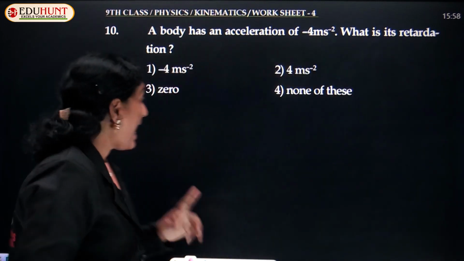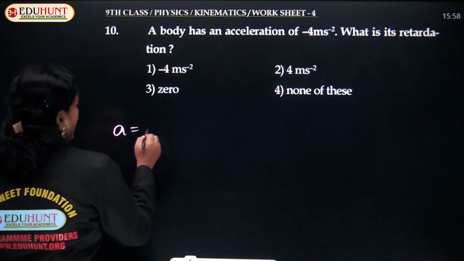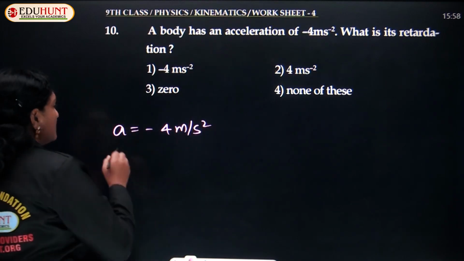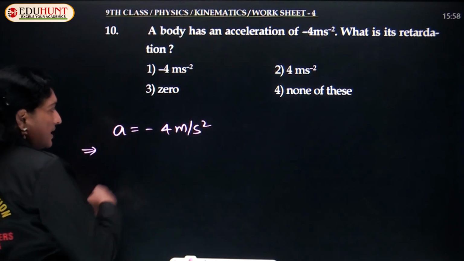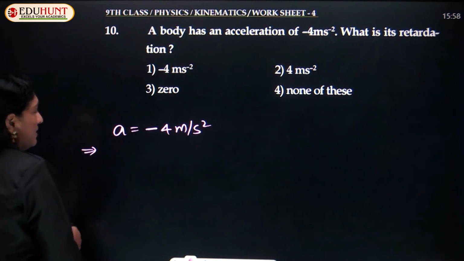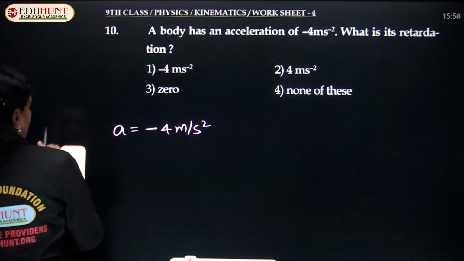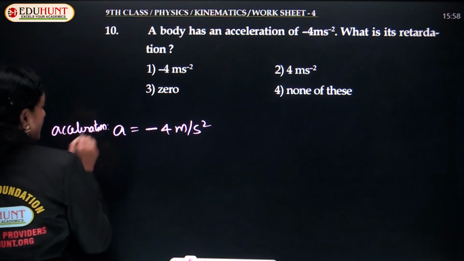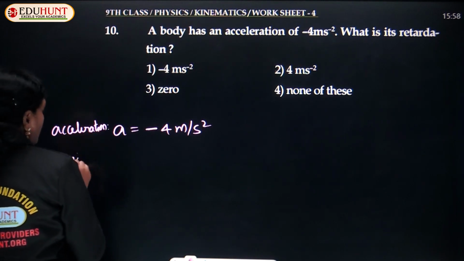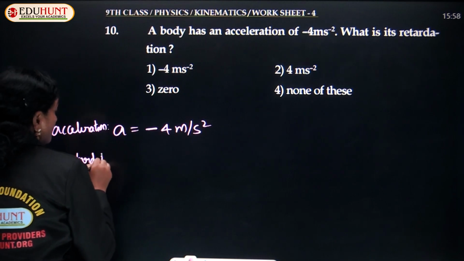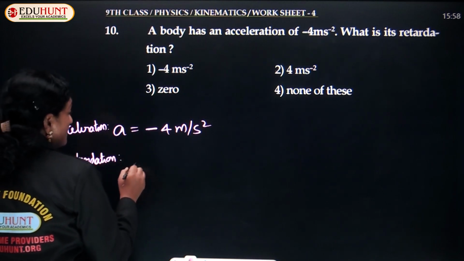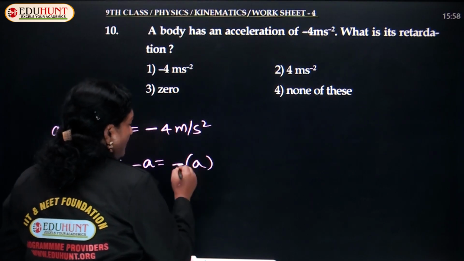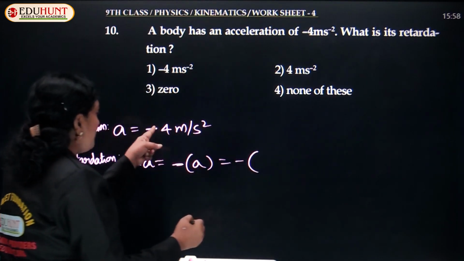What is given? Acceleration A is given as minus 4 meter per second square. What is retardation? Retardation indicates minus A. If acceleration A is minus 4, then retardation is given as minus A. Minus A means minus of A. So this is nothing but minus of, what is the value of A?